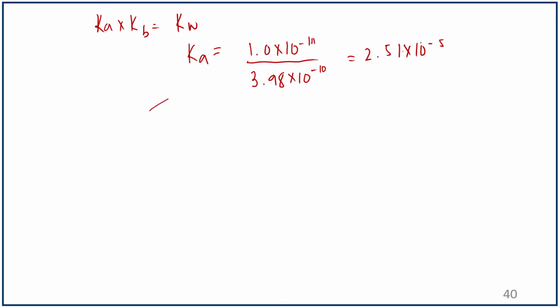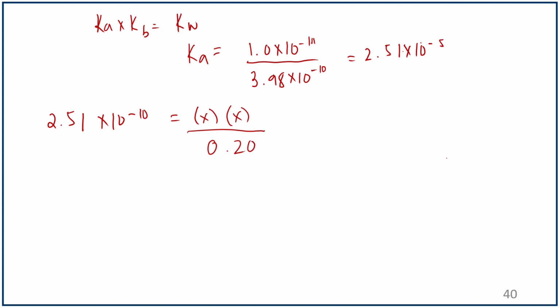That will just be 2.51 times 10 to the negative 5 is equal to the concentration of hydronium at equilibrium, given as x, times the concentration of azide at equilibrium, also given as x, divided by the reactants, which in this case is only hydrazoic acid, 0.200.